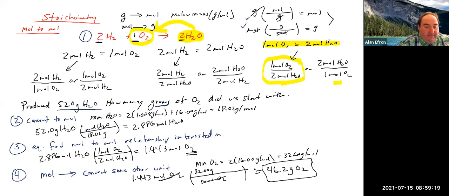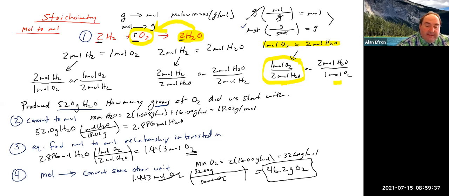In our way back problem here that we did, we ended up with 46.2 grams of O2. What this told us, based on this first calculation, was that if we produced the 52 grams of water, we would have had to start with 46.2 grams of oxygen to put in that reaction.